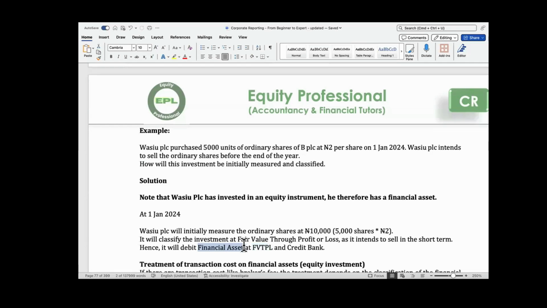So you can say equity investment at fair value through P&L, but you need to put this at fair value through P&L there. It's extremely important, because it's with that we'll be able to know whether you are holding it for the short term or for the long term.